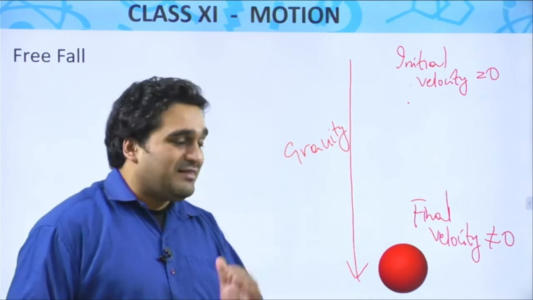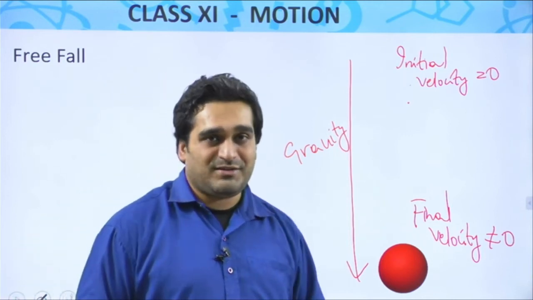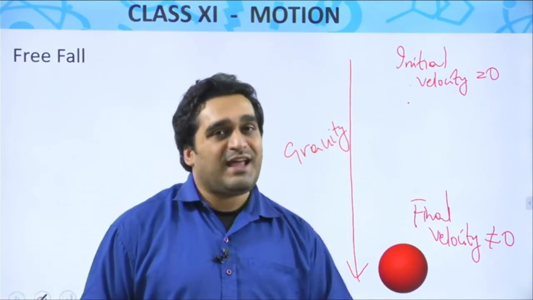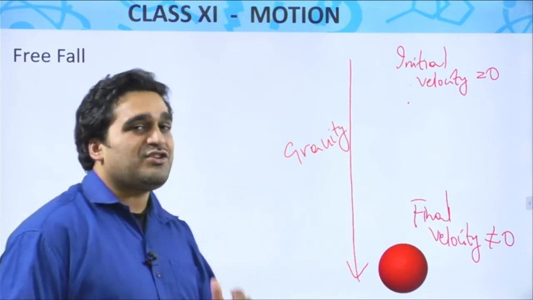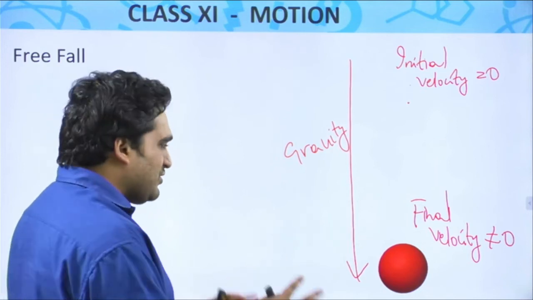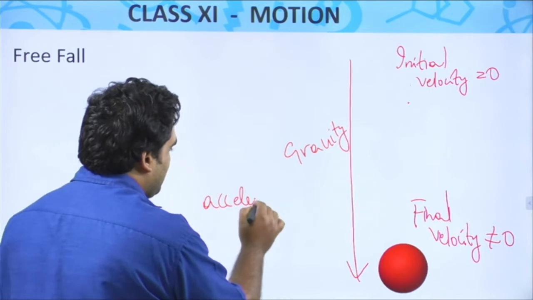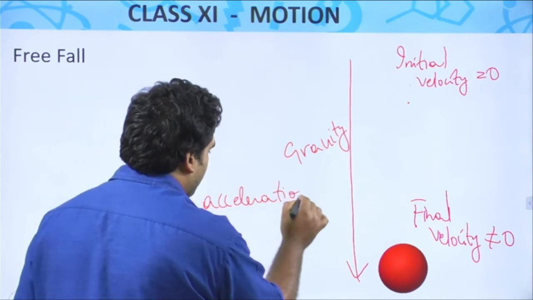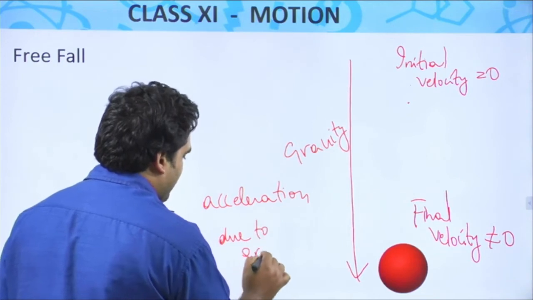In fact, this acceleration as the ball is dropped is a constant. And this constant acceleration is called gravitational acceleration, or acceleration due to gravity.